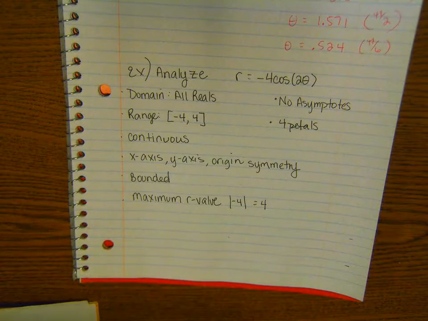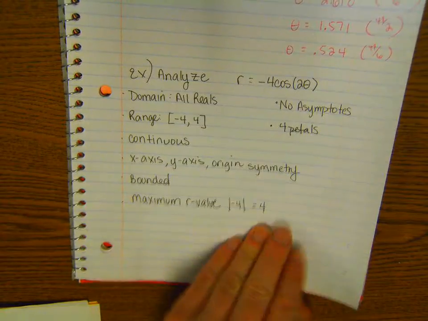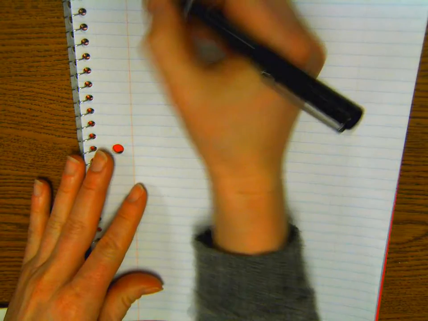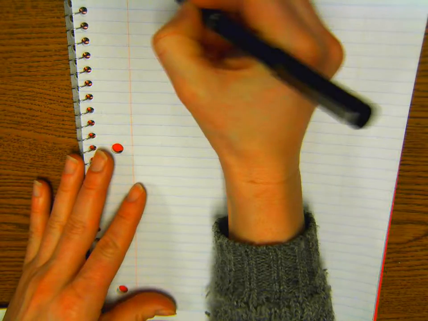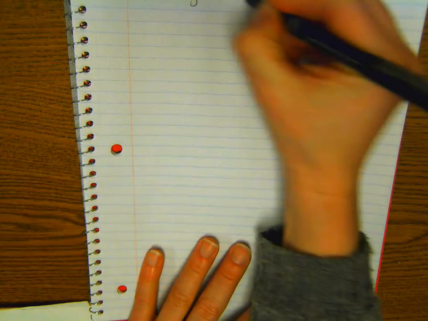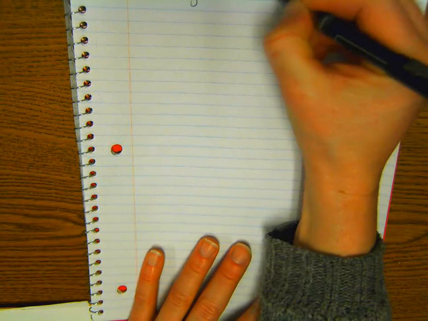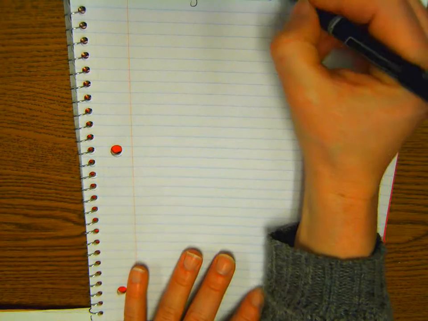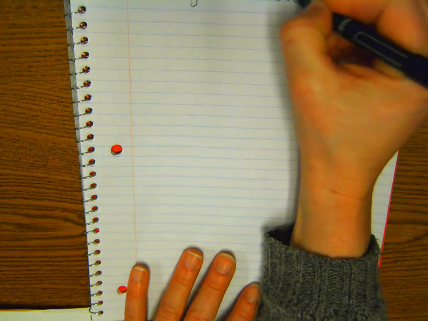All right, so the one I would like us to look at is r equals 2 minus 3 cosine of theta.